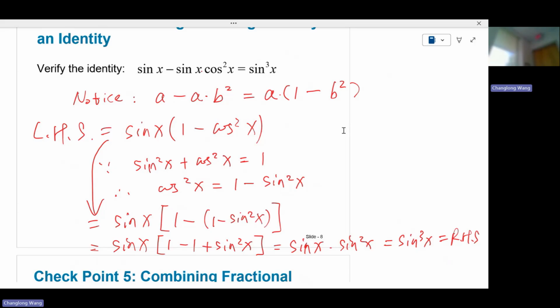What makes me believe that I'm going to use this one? But remember that our goal is to show, by rewriting the left-hand side in such a way, that it looks exactly the same as the right-hand side, which is sine to the third. And that makes us think we don't like the cosine, right?